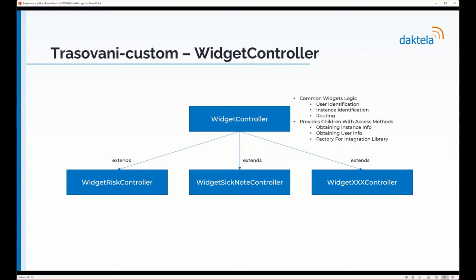And also, whenever there is an integration, we've created a namespace for all the integrations with ministry applications. This is the class that spawns the clients and the instances and singletons and everything for the child widget controllers.